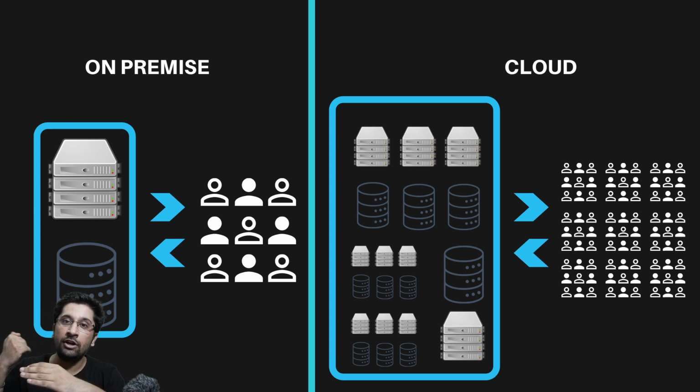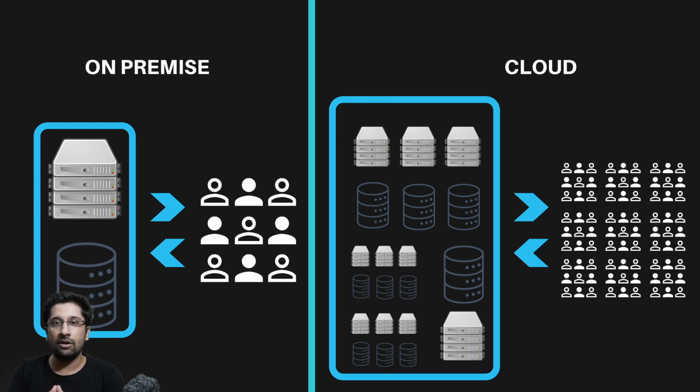So I am not utilizing my system to the best of its capabilities, because I do not have any option to upscale or downscale in case of on-premise. There are some limited number of resources and I have to just stay and do whatever I can with these resources. If I expand my resources, the problem is that they are going to sit idle, and if I decrease my resources, the problem is that my users will not get the same experience they should be expecting.